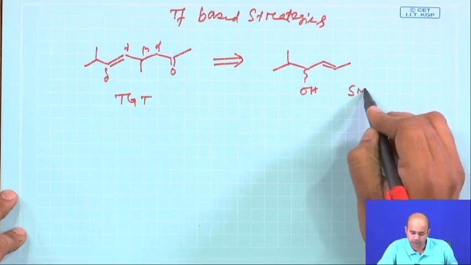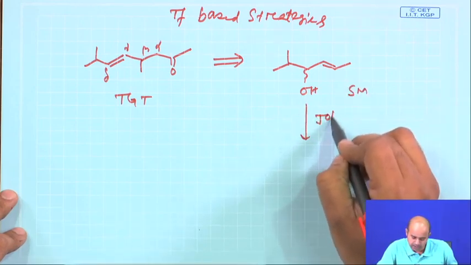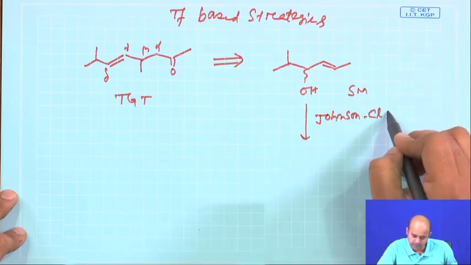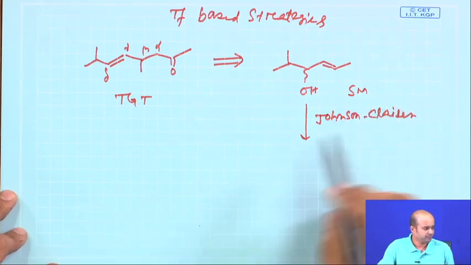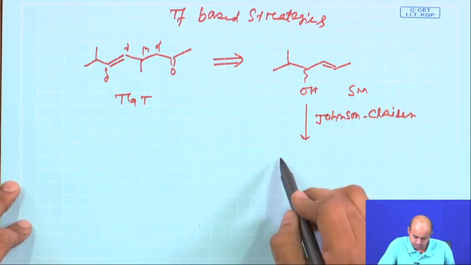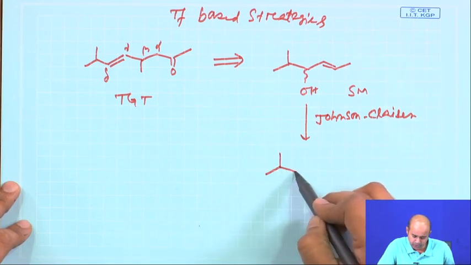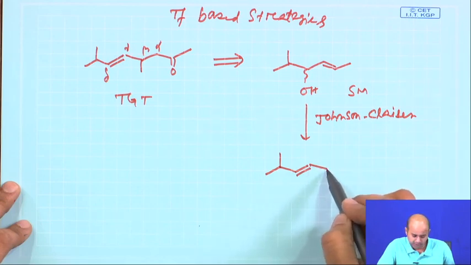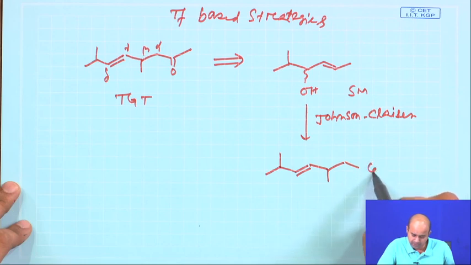So, now subject it to our known reaction, the Johnson Claisen rearrangement or Johnson orthoester rearrangement. Do this reaction in your leisure time and you will find the compound you get is this compound.